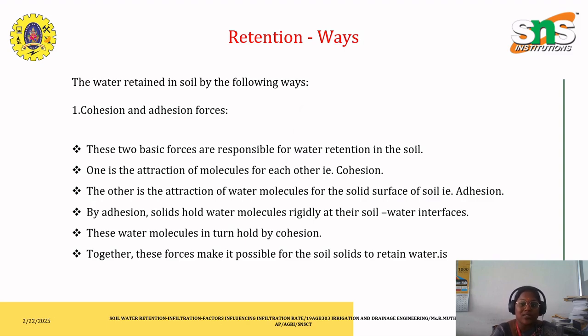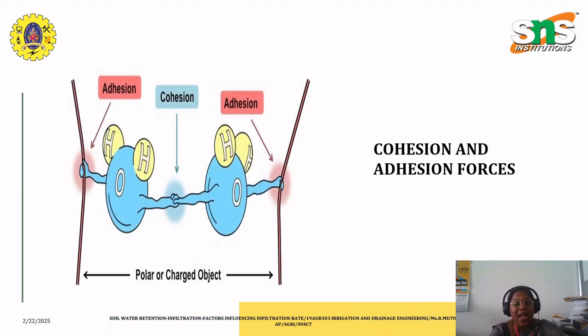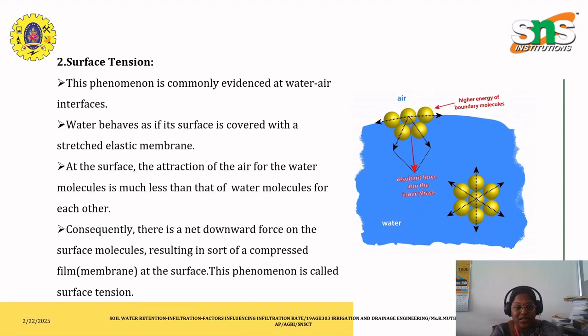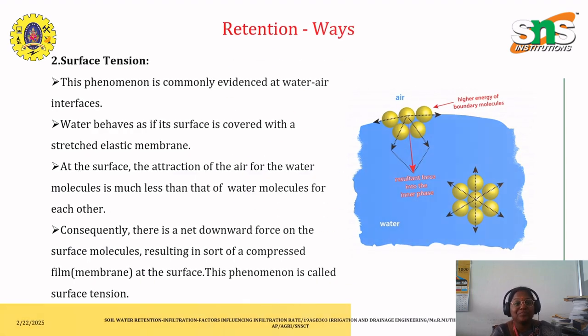Here we have seen what is cohesion and what is adhesion and how the soil water interfaces react in the presence of these components. The second one is surface tension. In surface tension, the downward force on the surface molecules usually results in a sort of compressed film at the surface, and that net inward force is said to be surface tension.